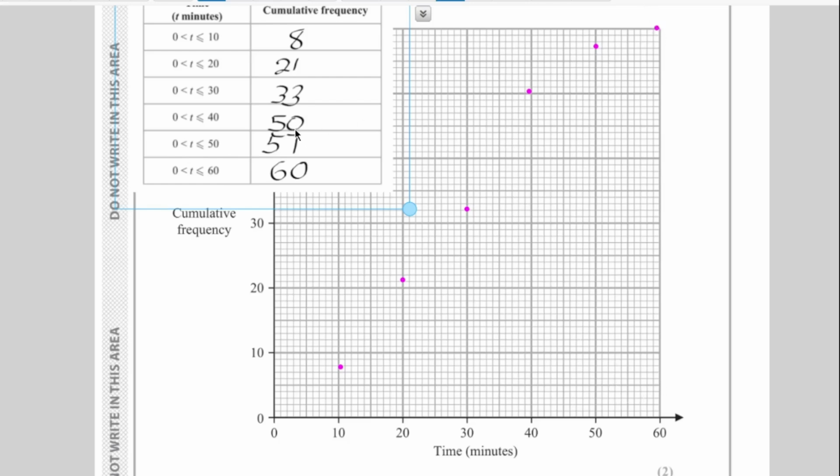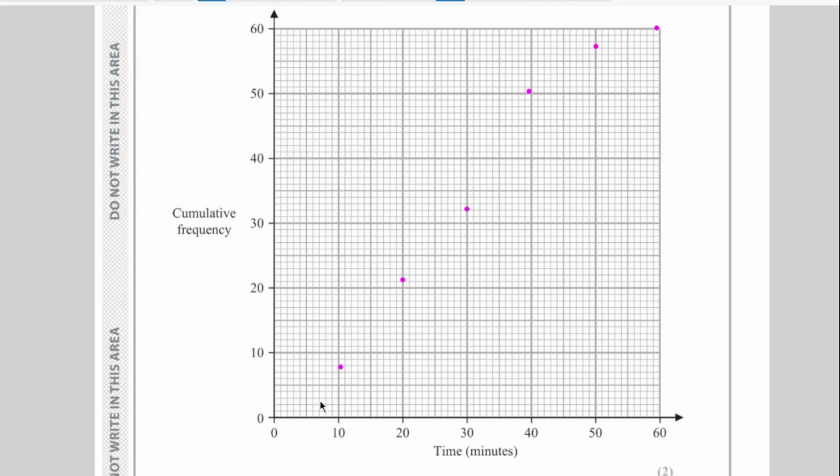So this is our plotting. Now let's draw the curve. When drawing the curve, try to draw it as smooth as possible, otherwise the answers related to this graph would be incorrect.